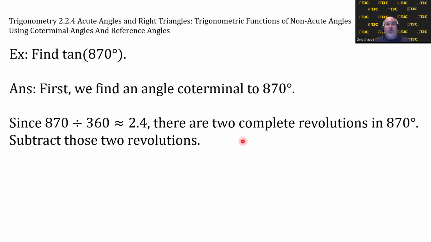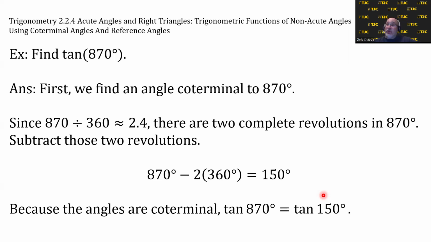So we'll subtract those 2 revolutions to get us between 0 and 360. 870 degrees minus 2 times 360 degrees is 150 degrees. Perfect. Puts us between 0 and 360. And because the angles are coterminal, tangent of 870 degrees equals tangent of 150 degrees.